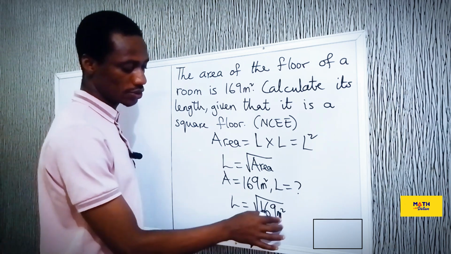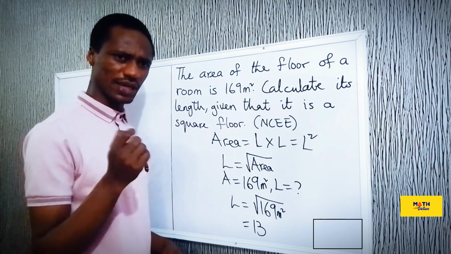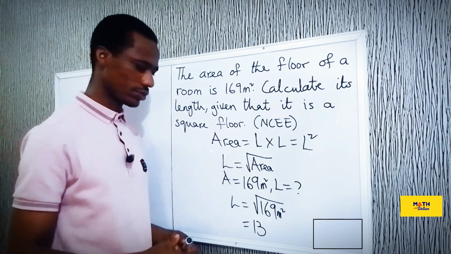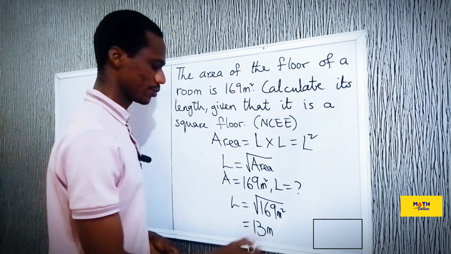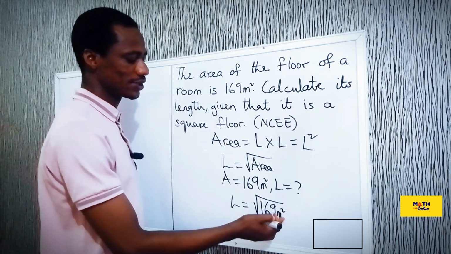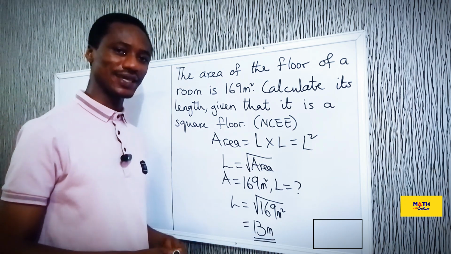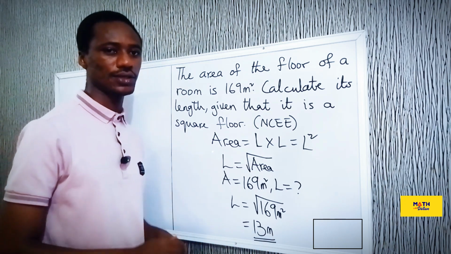What's the square root of meters squared? What would you multiply by itself to give you meters squared? That's meters, because meters times meters gives meters squared. So the length of the room is 13 meters.